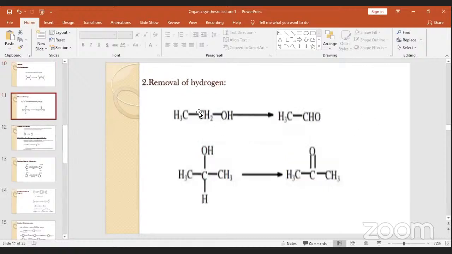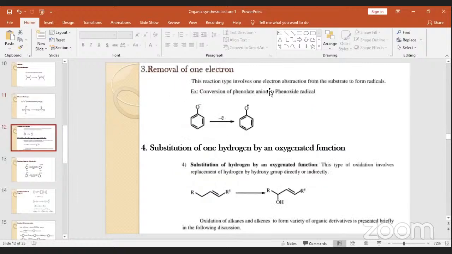removal of hydrogen. We have already seen removal of hydrogen from primary alcohols gives aldehydes, and from secondary alcohols gives ketones. So removal of hydrogen is an oxidation reaction. And removal of one electron to form radicals, for example, from an anion one electron is removed and a radical is formed. This is an oxidation reaction.